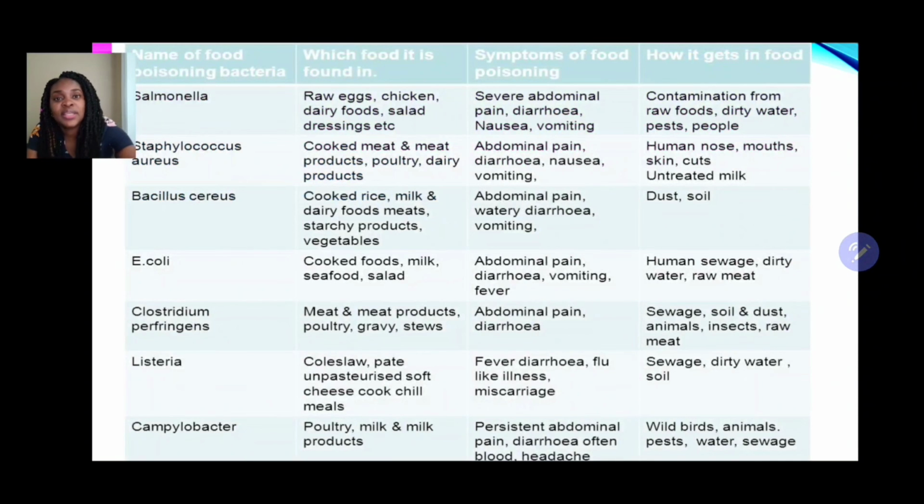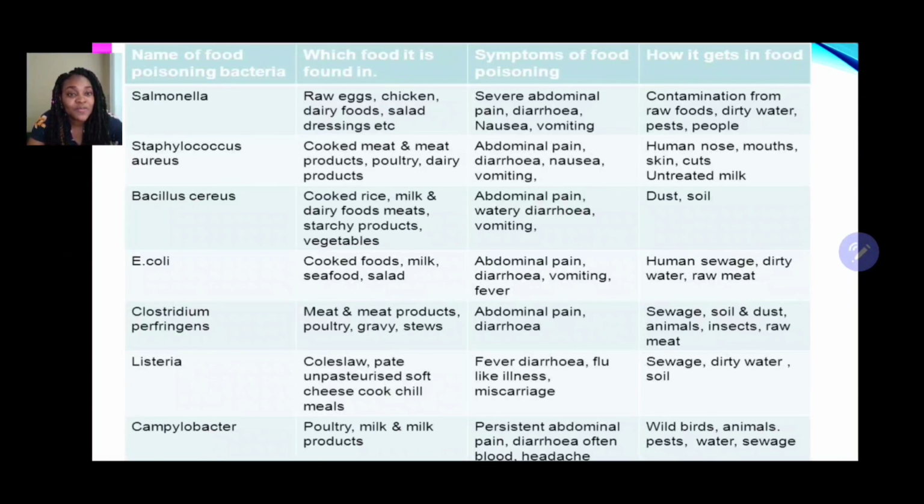And right here you're seeing some examples of bacteria and the types of food that they may be found in, and also the symptoms of these particular foods, and how it gets in the food. All right, so let us look at the first example here. The first example we're seeing is salmonella, right? Let me zoom in on that for you. So salmonella is found in foods such as raw eggs, chicken, dairy food, salad dressings, etc., right?